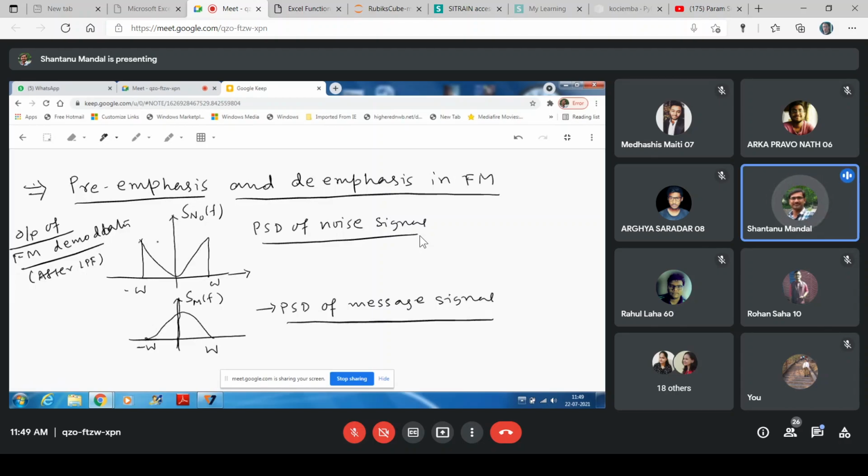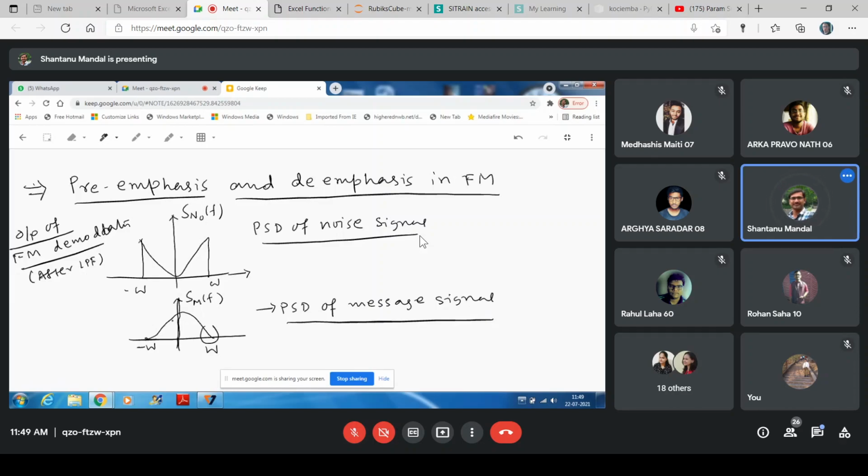If we compare these two PSDs, then you can see that at higher frequency, the noise is more dominant than the message signal. But at lower frequency, it is just the reverse: the message signal is more dominant than the noise signal.